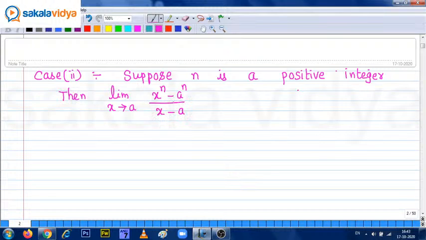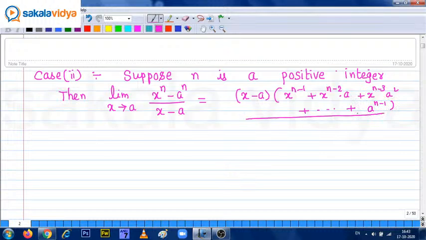If you divide x to the power of n minus a to the power of n by x minus a, the factors of x to the power of n minus a to the power of n, we can write like this: x minus a multiplied by x to the power of n minus 1 plus x to the power of n minus 2 a plus x to the power of n minus 3 a square plus so on, up to a to the power of n minus 1, upon x minus a.